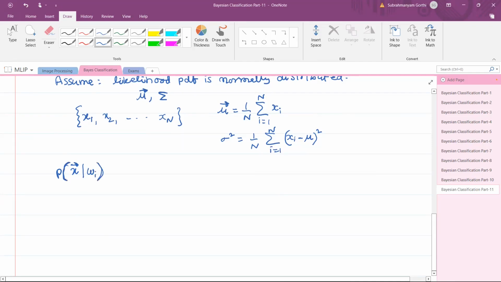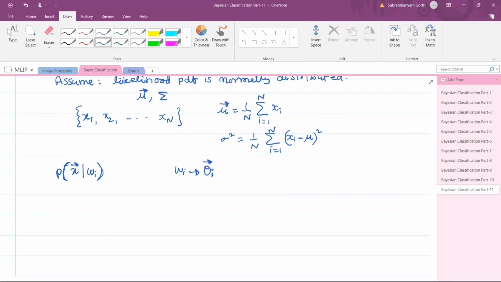So now, essentially, you could say: probability of x bar given omega i. This is what you have to find out. Now, each omega i class is characterized by a set of parameters. Let me call those parameters theta i bar. For example, had this been a Gaussian distribution, that would be mu i.